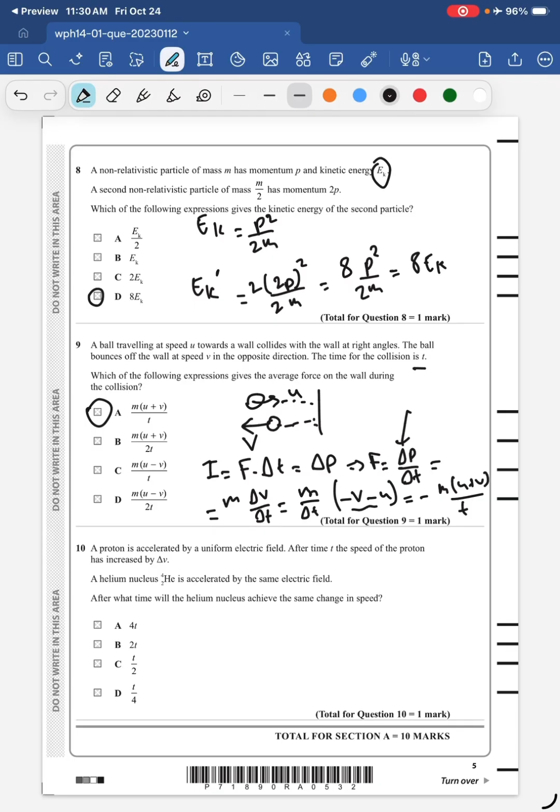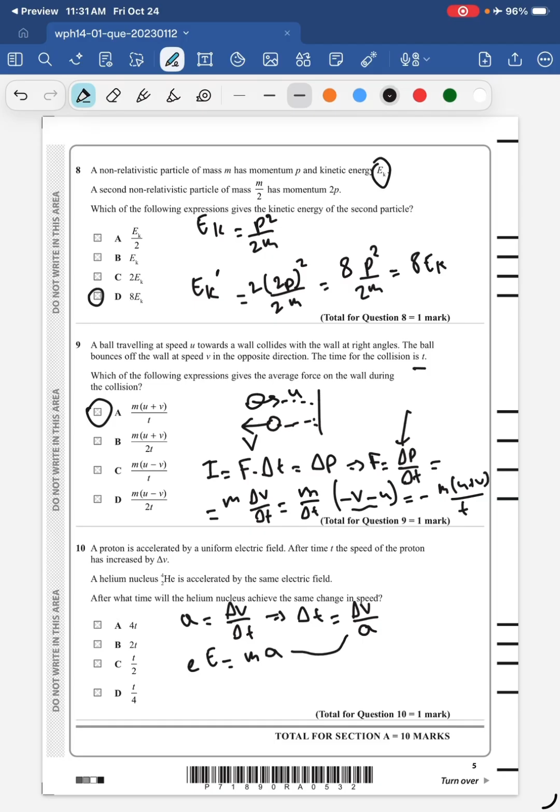Okay, so acceleration is given by change in velocity over time. So delta t is delta v over a. But you have to recognize that for a proton in an electric field E, it experiences a force e times the electric field, and this should be equal to m times a.